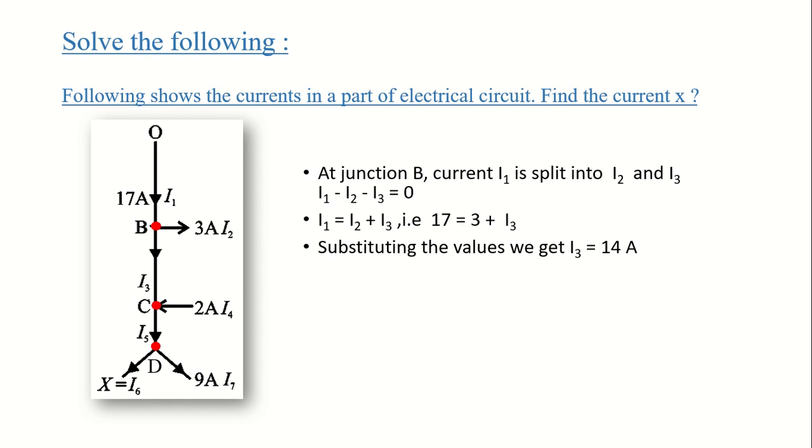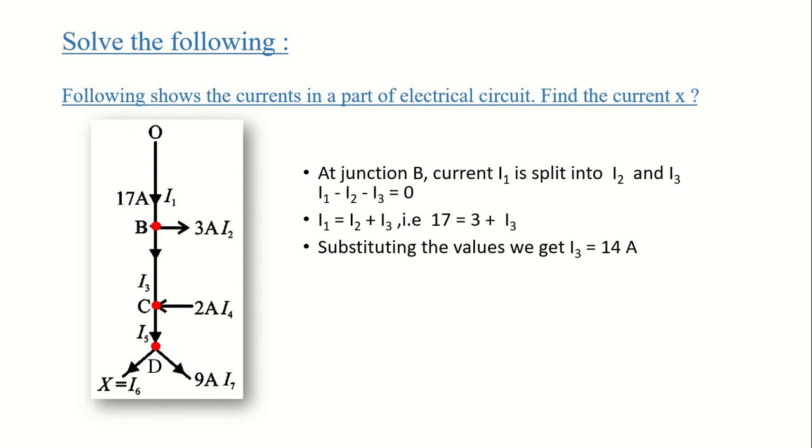So what will be the equation according to Kirchhoff's first law? I1 minus I2 minus I3 is equal to 0. That equation can also be written as I1 is equal to I2 plus I3. So 17 is the value of I1 and 3 is the value of I2.